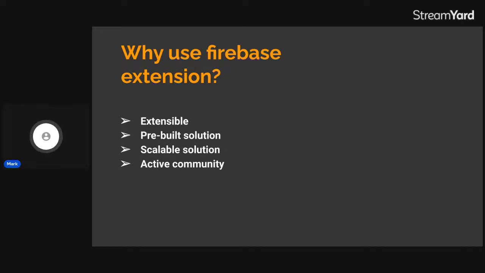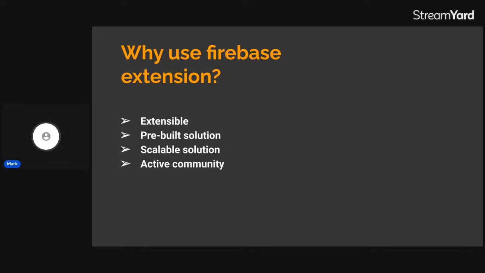And also the Algolia extension. Most of the time you want to add full text search to your project. So instead of doing it repetitively every time, you install the Algolia extension and are able to implement full text search. So it reduces the boilerplate code and the repetitive tasks in your code.